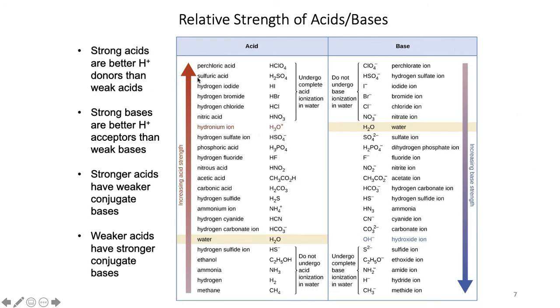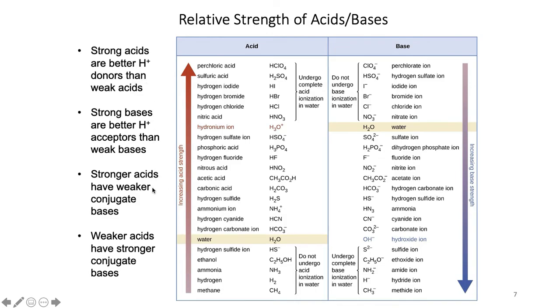If we look at the strength of acids and bases, we notice this, that stronger acids are better at donating that H plus than weaker acids. In fact, strong acids, for the most part, dissociate very well. They completely give that hydrogen away and form their conjugate base.